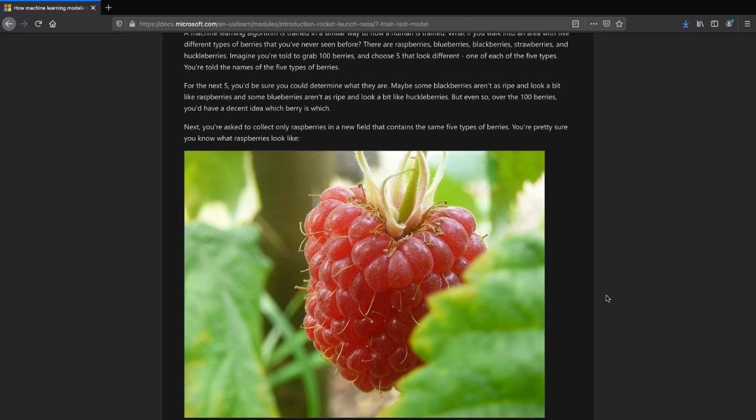So somebody has gone through the process of classifying these things over time. Like strawberry is a class of fruit that has these particular characteristics.